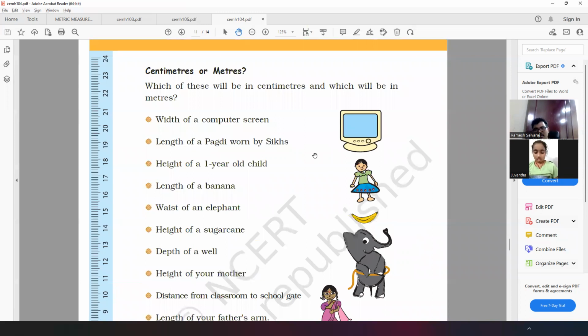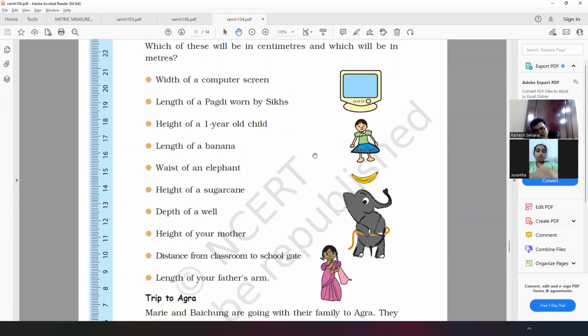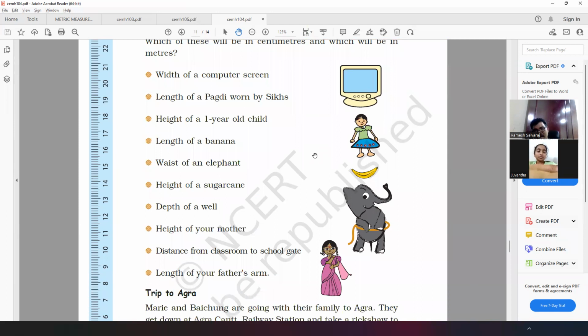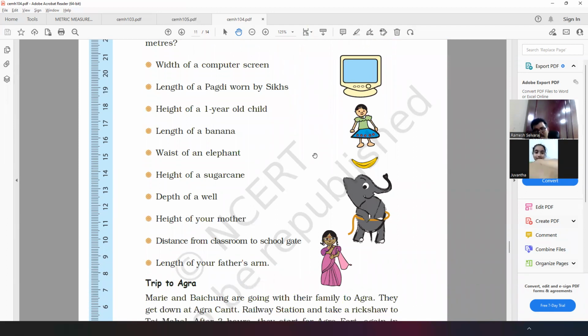Which one is bigger, meter or centimeter? Meter. Why is meter bigger than centimeter? Because meter is 100 times the centimeter. Meter is 100 times 1 centimeter, right?